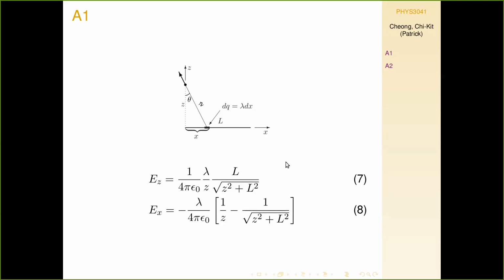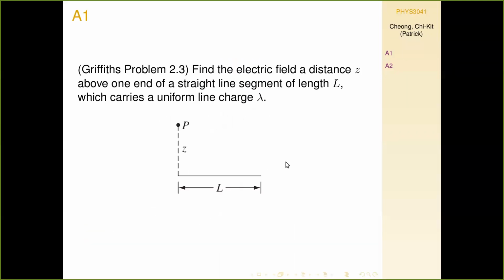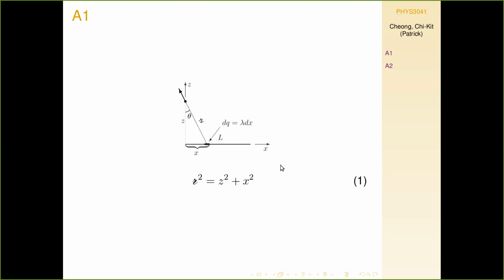So let me recap all the things again. If you have a problem, draw down its configuration first. It helps you to visualize the problem, and then formulate the problem in an appropriate coordinate. It will make life easier.